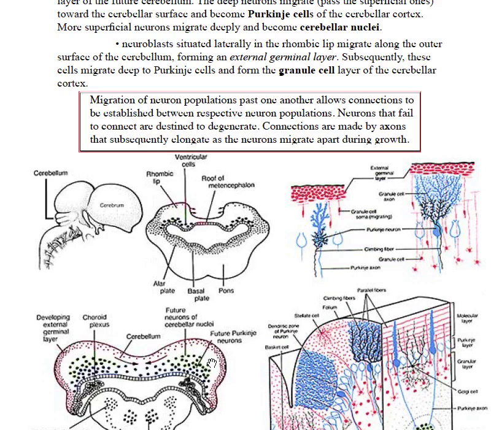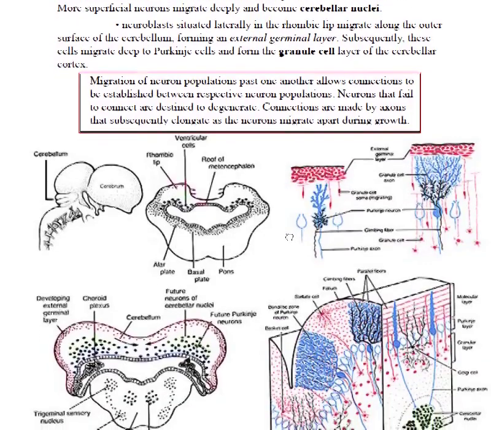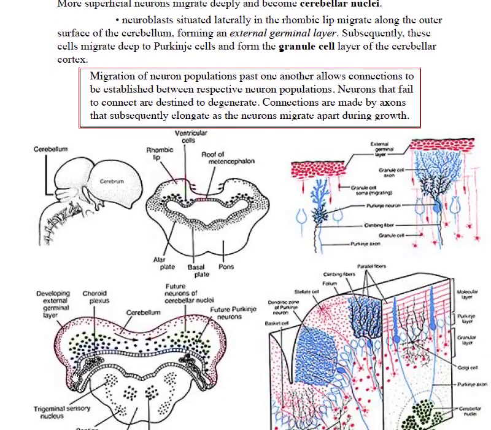There is another population of neurons that form an external germinal layer. Here we see neurons migrating as neuroblasts up to the superficial surface. Here you see them in red. And these neurons then are going to migrate through the Purkinje cells, through the molecular layer, and become granule cells.